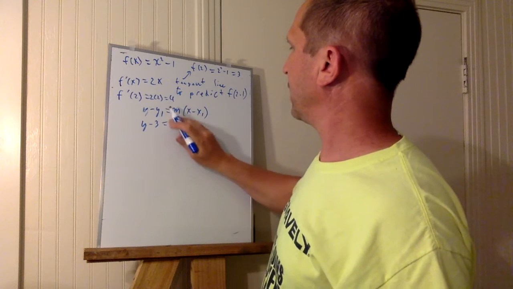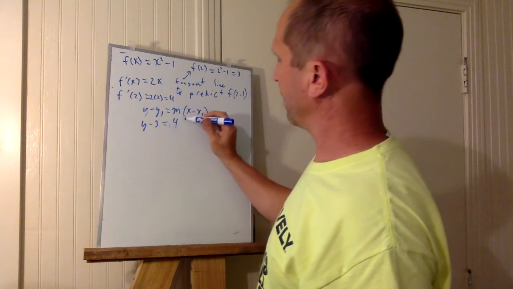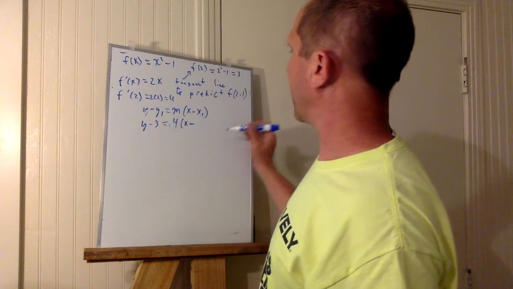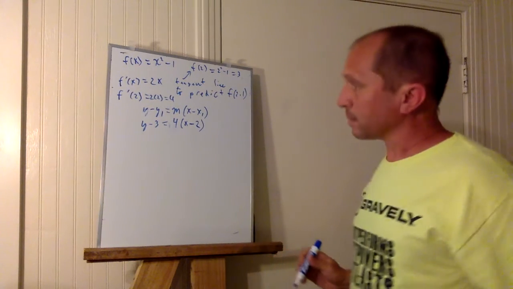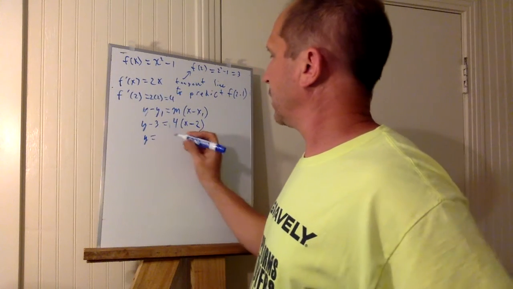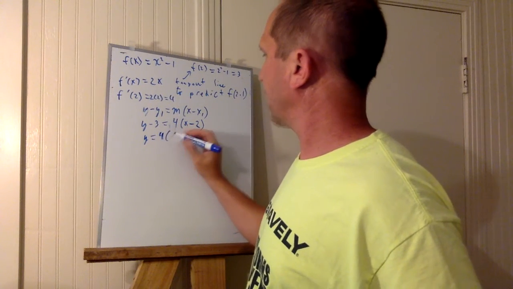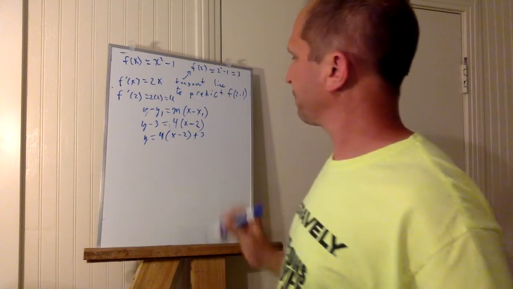My m is 4. And then it's x minus x sub 1, which is 2. So we get that y is going to equal 4 times x minus 2 plus 3.